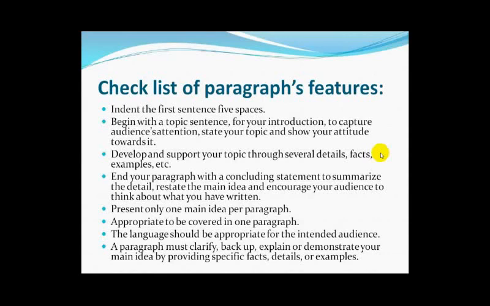So indent means that if you are using a computer to type something, you have to go for 5 strokes, which are 5 spaces. Okay, the space bar, and you can have one tab because one tab is equal to 5 strokes.